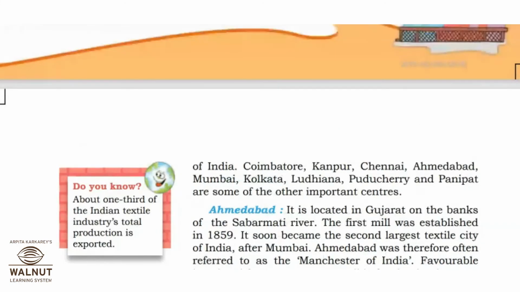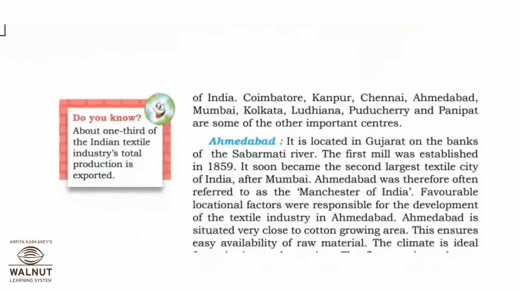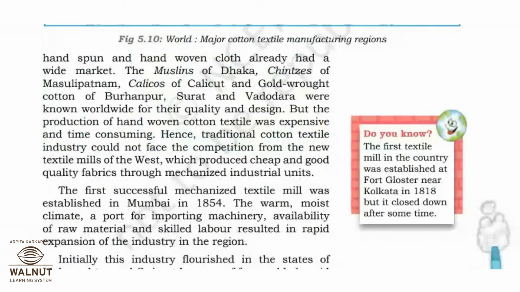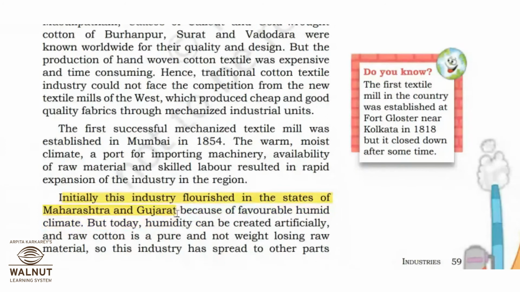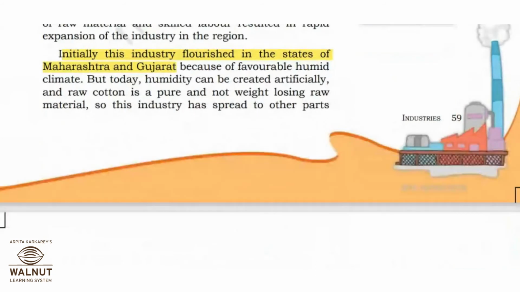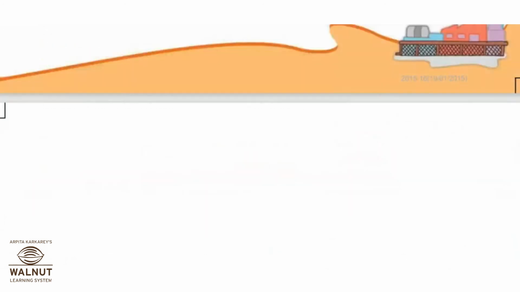So initially this industry was set up in which places? Gujarat and Maharashtra. The first industry came up in Mumbai. After that it was set up in Gujarat also. In both places it was because the climate was suitable for the growth of cotton and the other processes that were required.